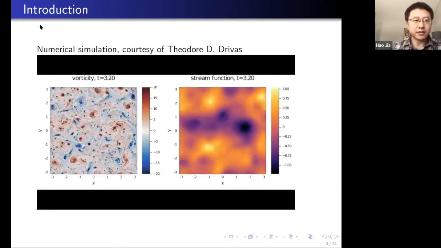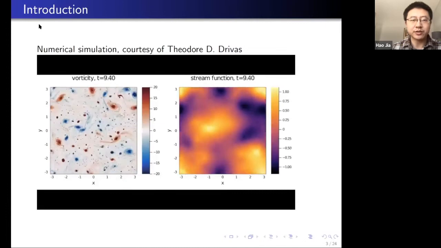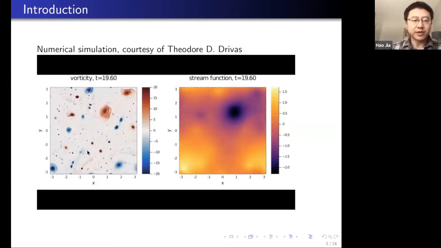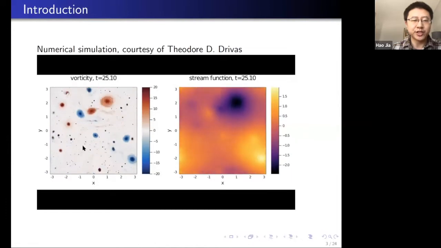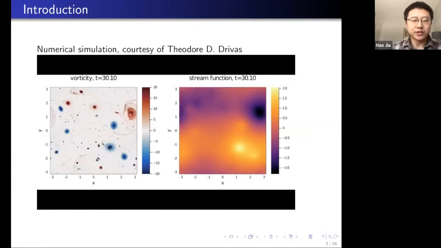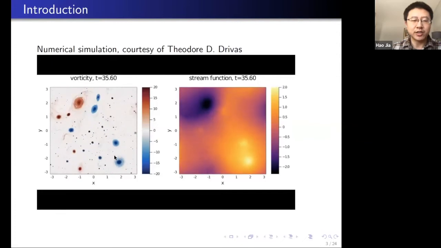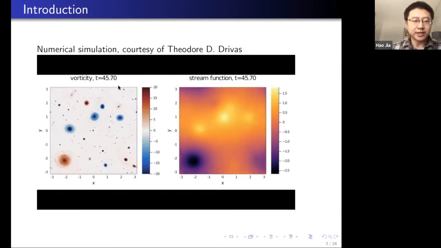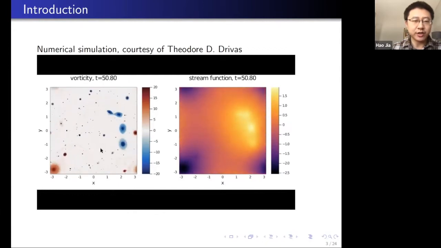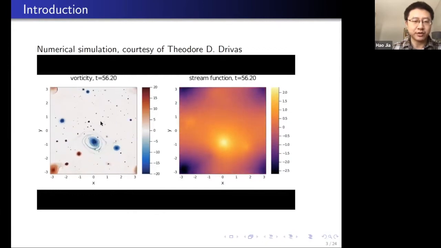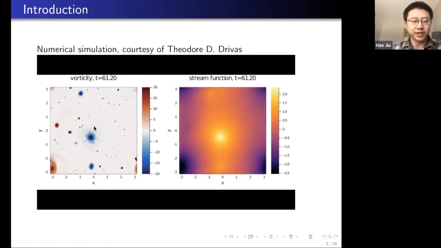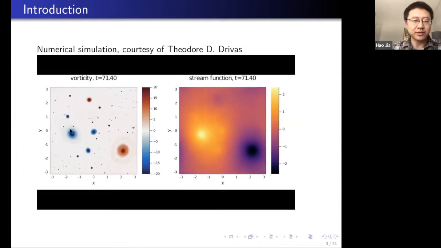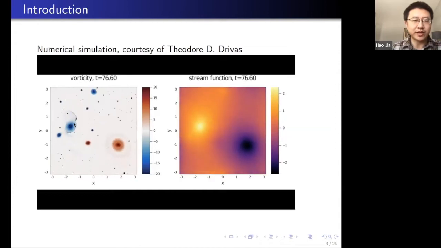This is a numerical simulation due to Theodore Drivas. Here on the left, you have some initial distribution of vorticity, and the round blobs are the vortices. You can see that the dynamics of the 2D Euler equation simplify the global distribution of vorticity. The number of vortices decreases, and in the end you will only have two left.